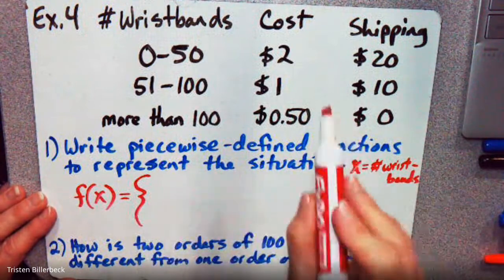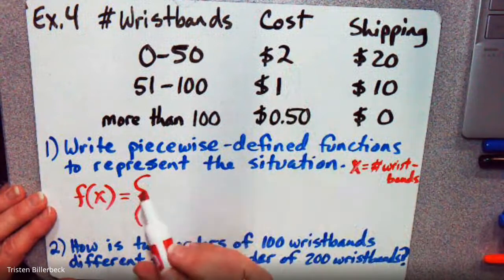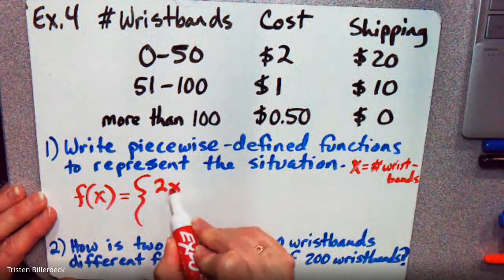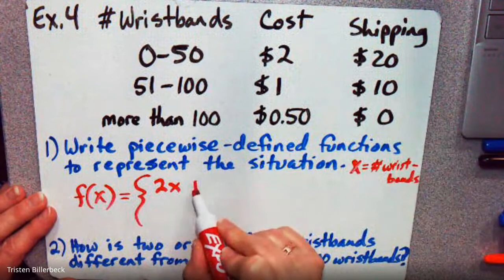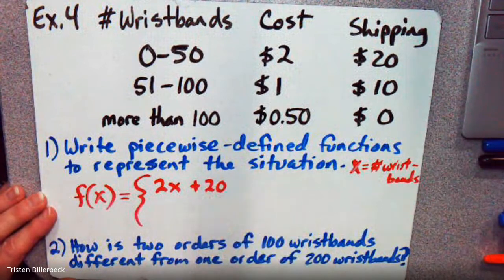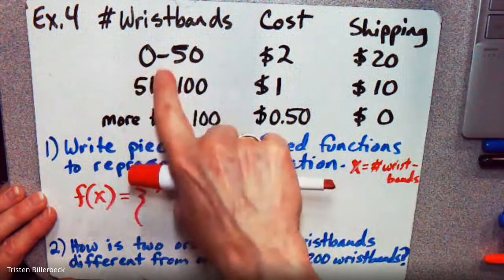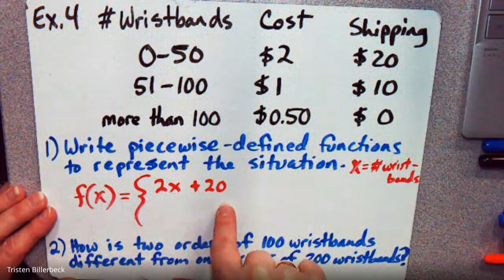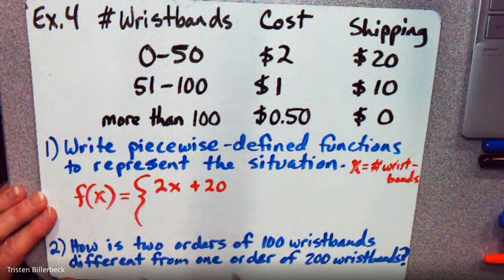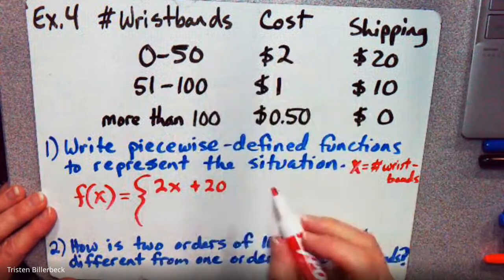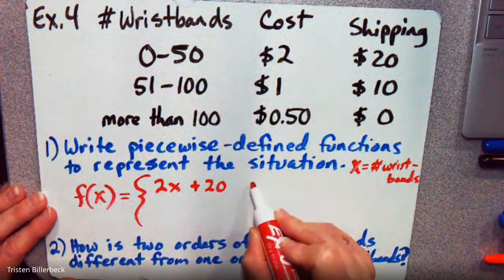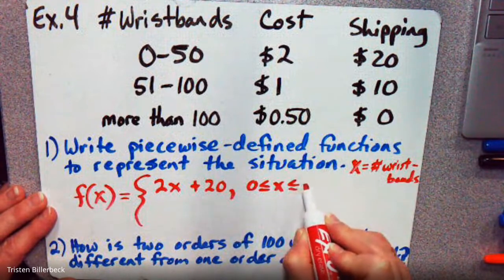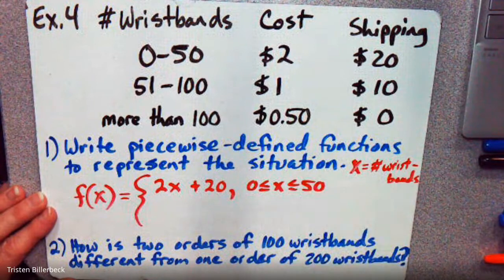Then we see we have a slope here, so it's $2 per wristband. So we're going to write 2x, but then we have a shipping fee, so we have to add $20 there. If I ordered 40 wristbands, it's 2 times 40, which is 80, plus 20 is $100. Now we need to put the restriction, so that is x is 0 to 50. Okay, so we've got our restriction.